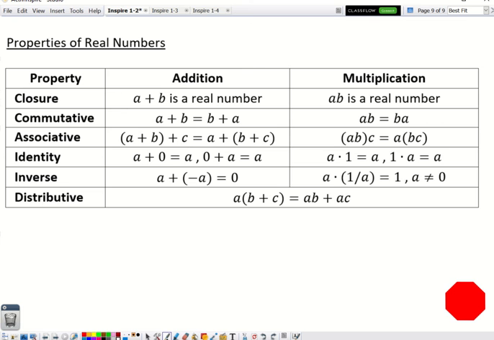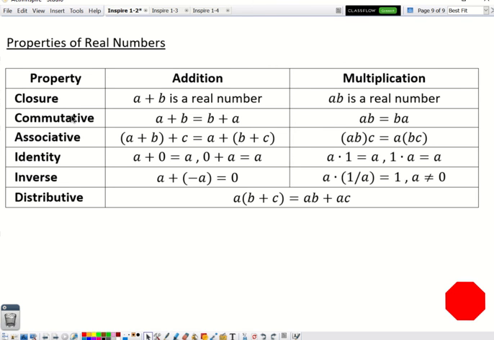Like if they show you something like this and ask, what property is this representing? Then you have to be able to label that by name as the distributive property.